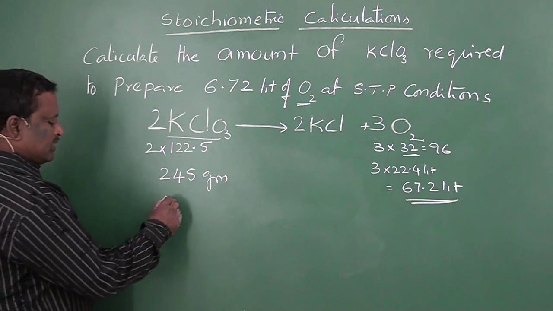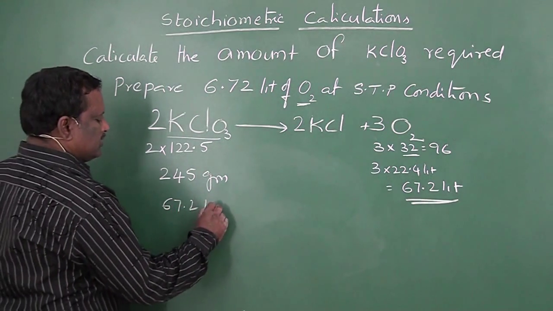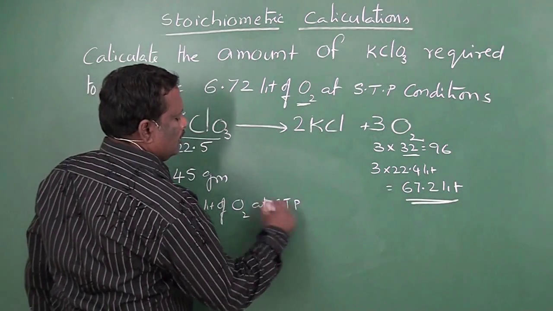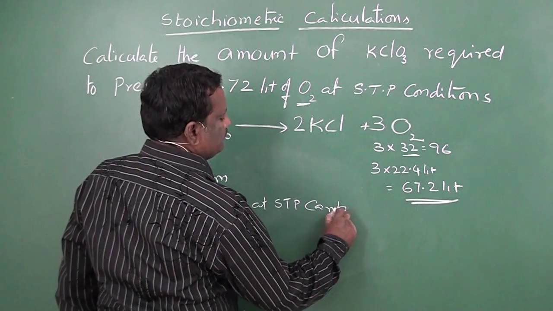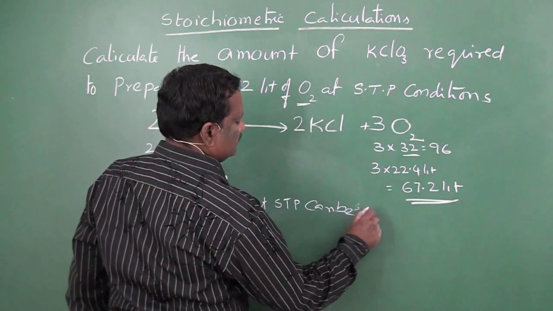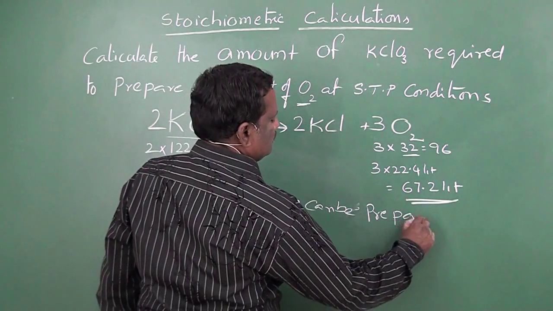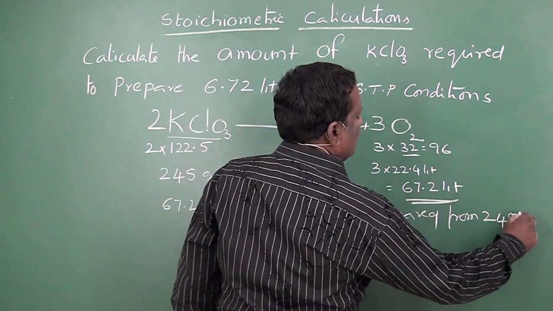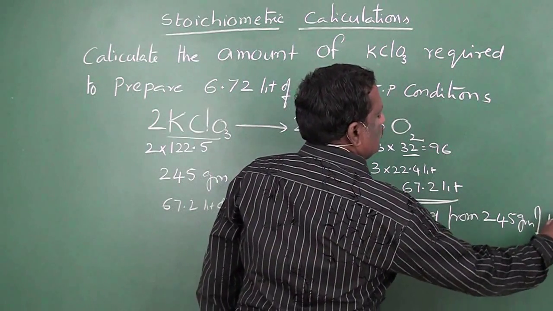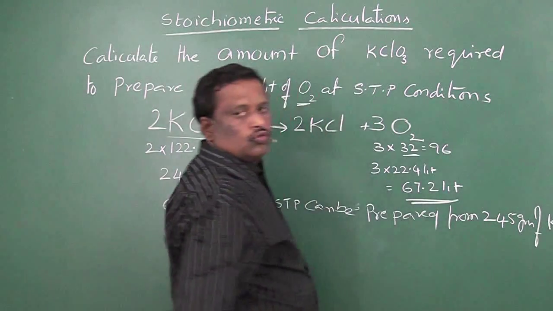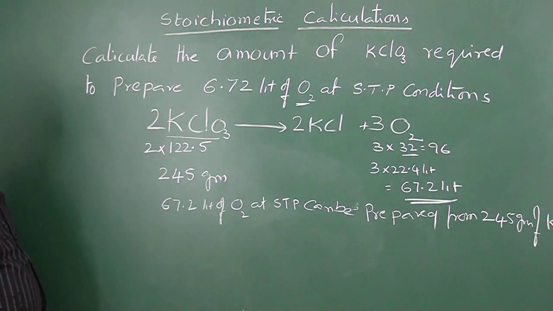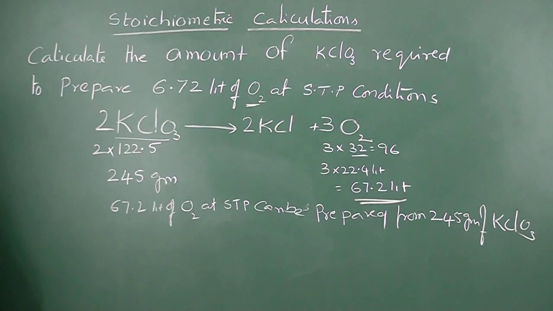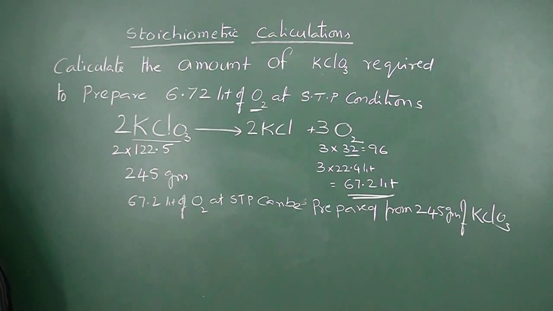That means 67.2 liters of O2 at STP can be prepared from 245 grams of KClO3.